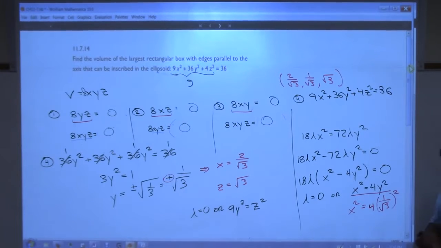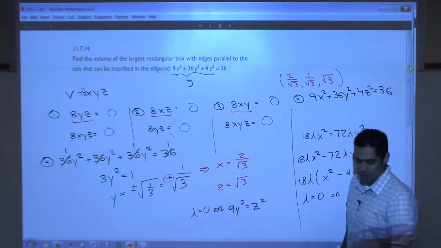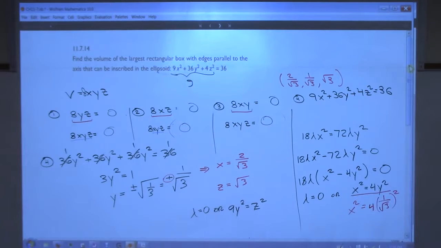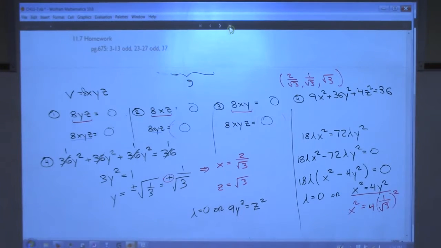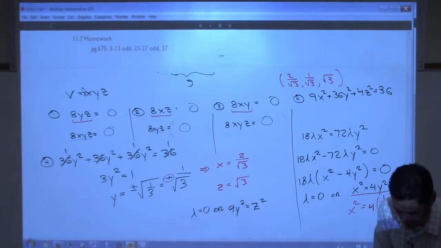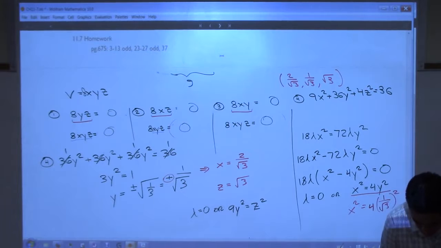All right, well, we have 5 minutes. I think this is a good time to cut off. The homework assignment for this one is, I think it's incorrect. That's not even the right page. Yeah, that's not supposed to be there.